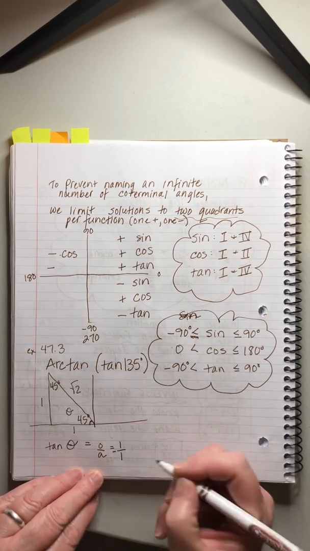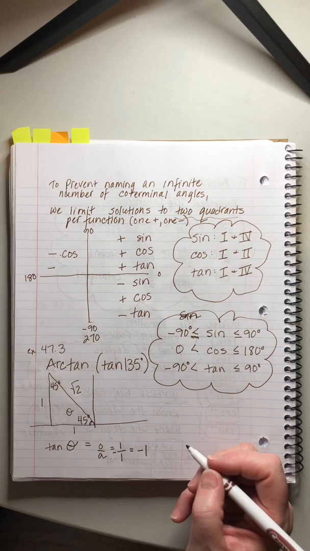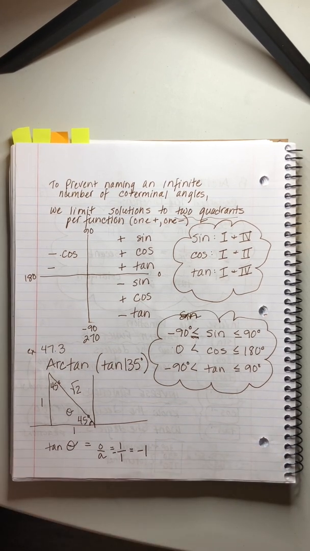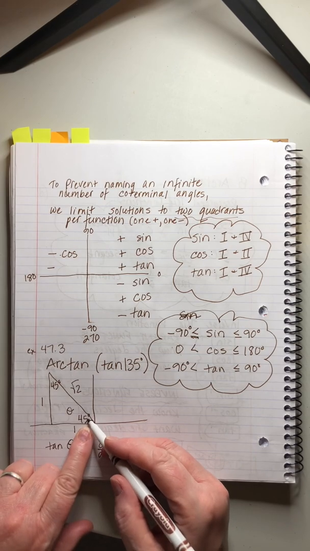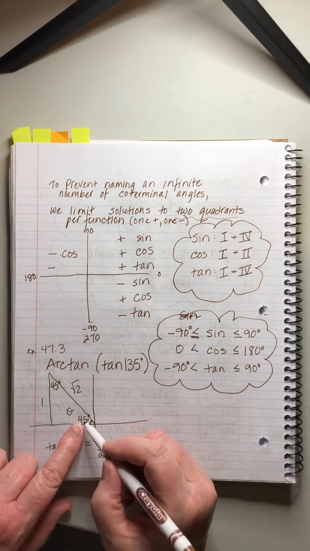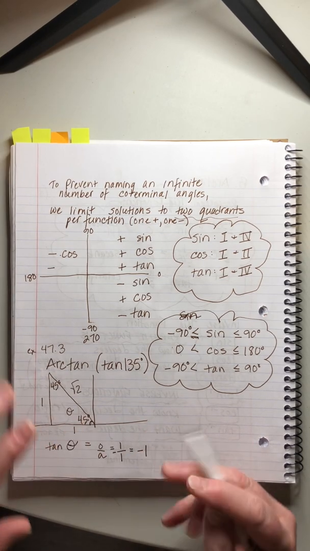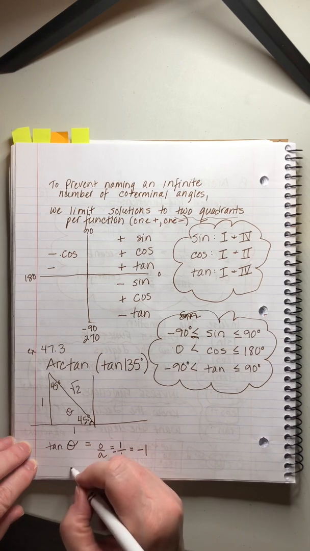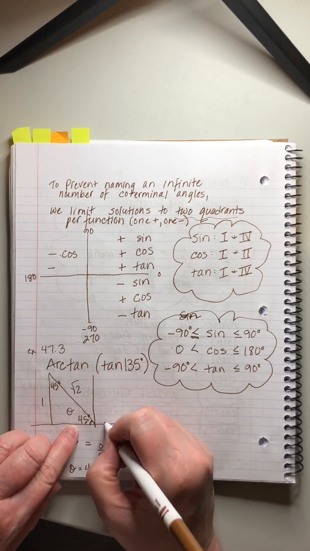So it's negative 1. And so that tells us that theta must be 45 degrees, right? Because that's the degree measurement of the angle that gave us this picture.